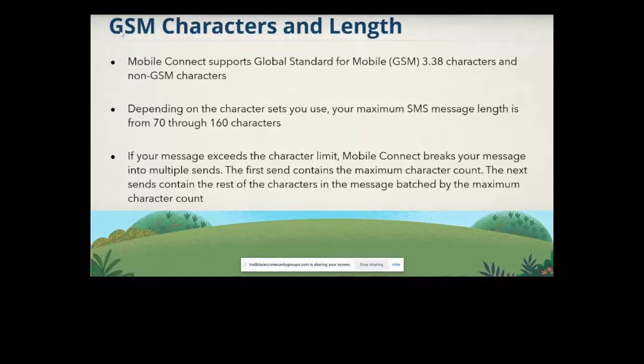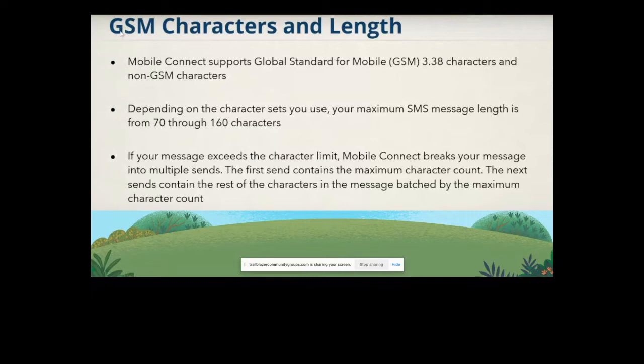If not, then if the message contains more than 160, maybe 320 or 450, what Marketing Cloud does is it breaks your message and sends it as multiple sends. So the first 80 characters go to one send, the next 80 to the next send, the next 80 to the third send. The first send contains the maximum characters, the next send contains the rest of the characters, and it sends like a batch by the maximum character count, but it delivers on time.